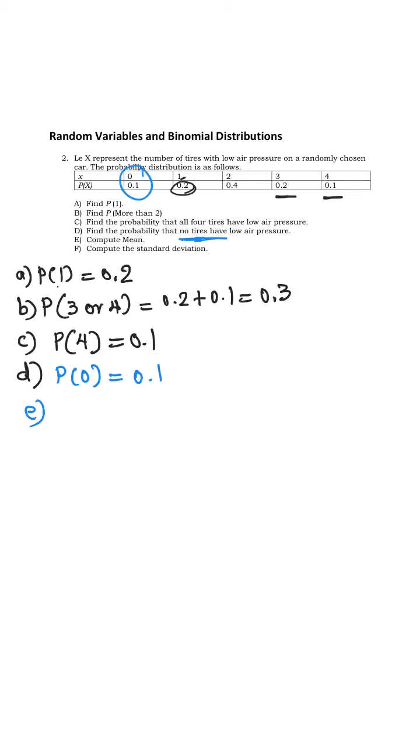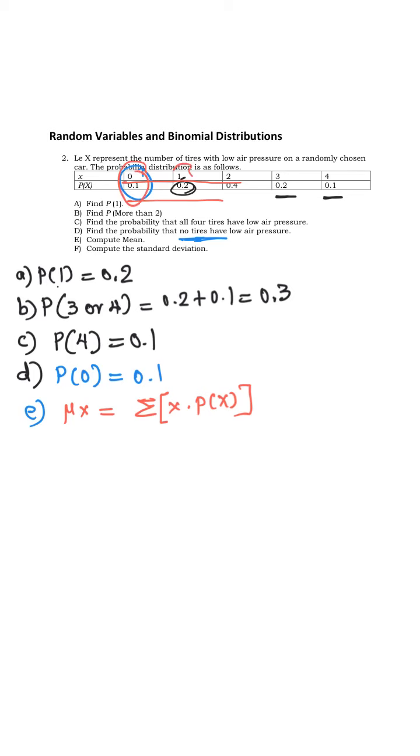Next is compute the mean. So mean mu x is sigma x times P of x. So this is x, first row is x, second row is P of x.